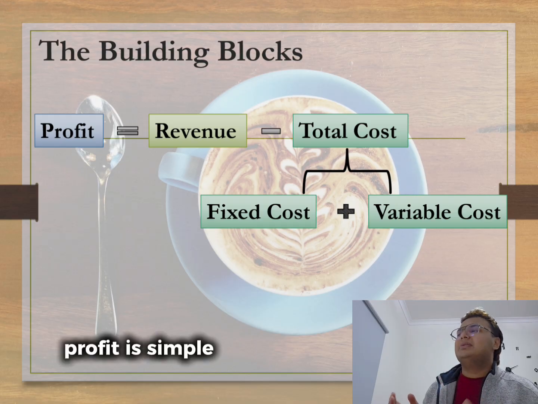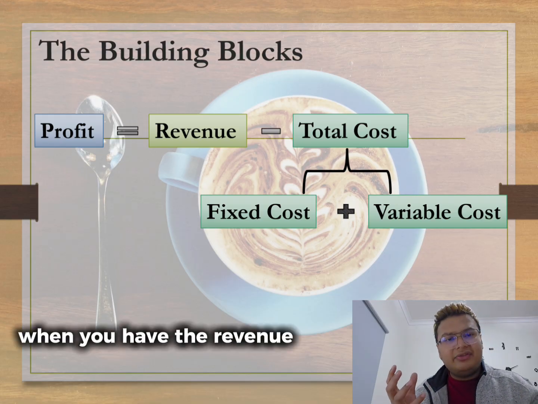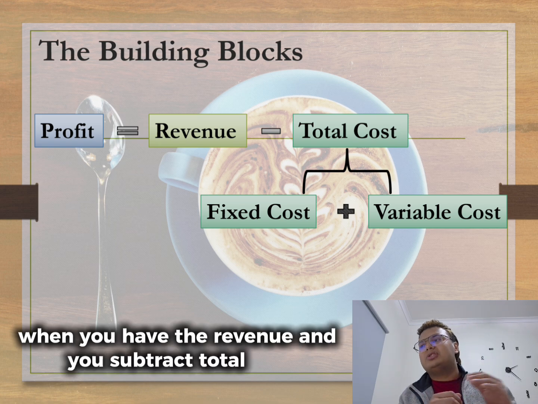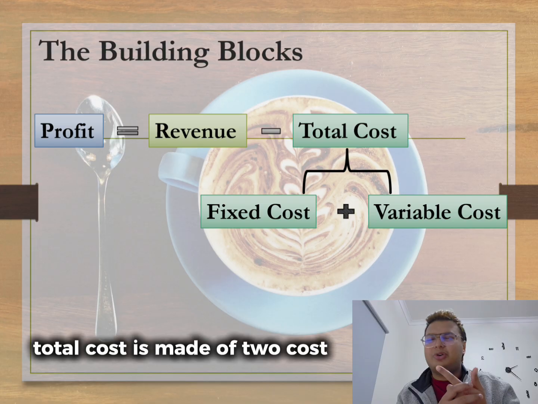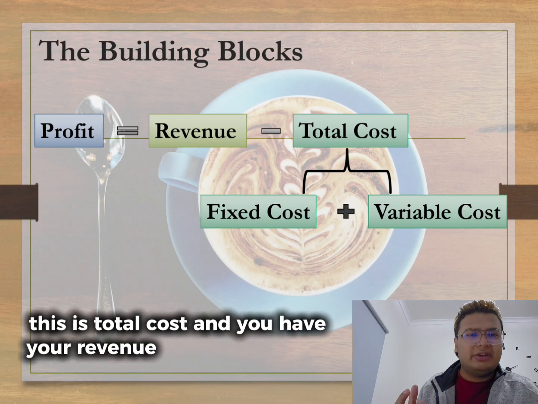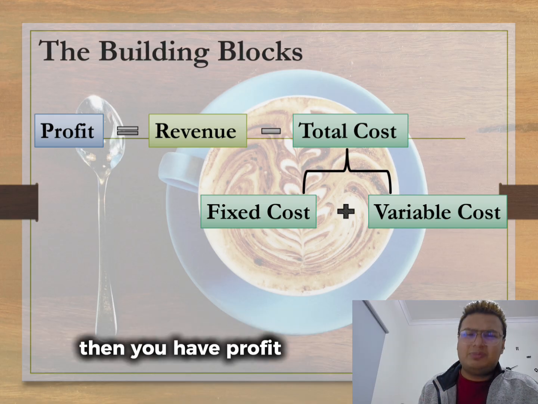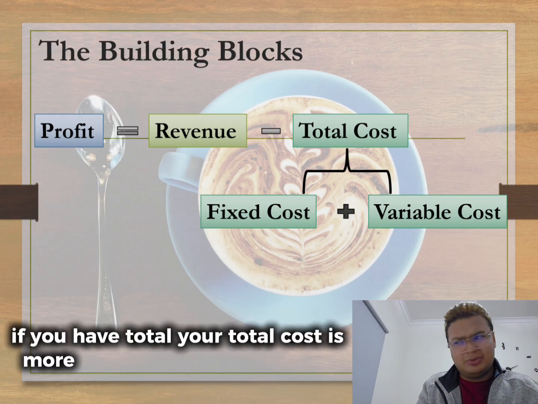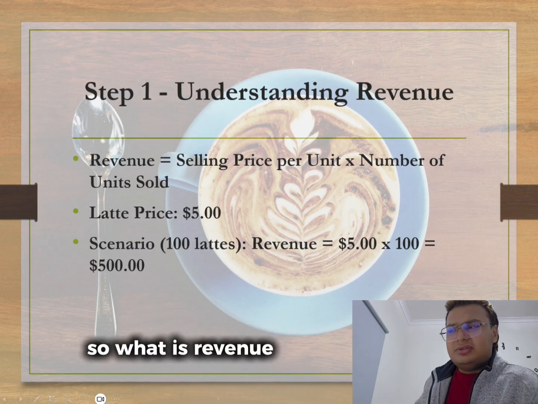Profit is simple. Profit is when you have the revenue and you subtract total cost. Total cost is made of two costs, fixed cost and variable cost. If you have more revenue, then you have profit. If your total cost is more, then you have loss. Simple.